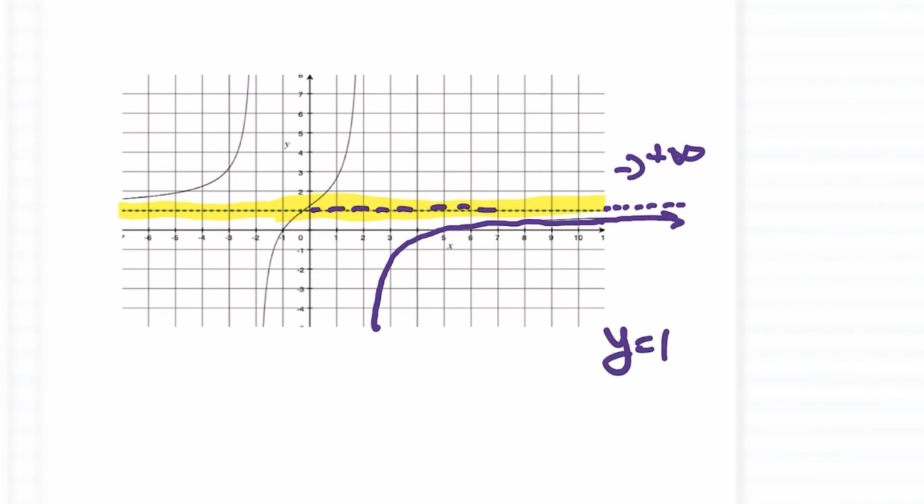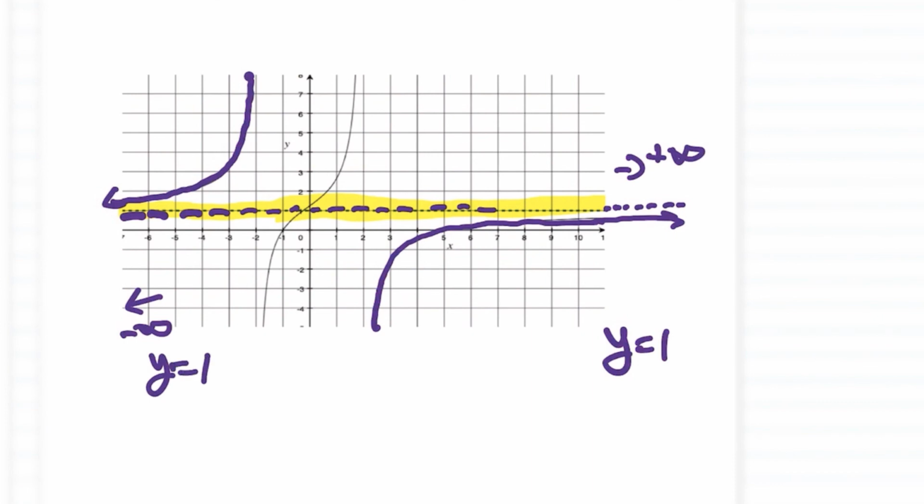And if we look at the other side, I'm going to do the same thing on the left side. If we take this part of the graph, this graph is going to go that way. As we're going out to negative infinity, the end behavior of the graph in this direction is also going to approach y equals 1.